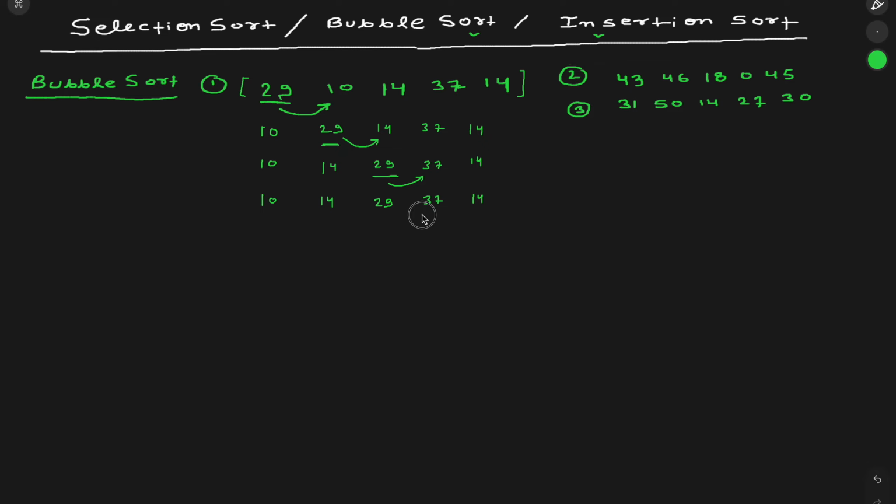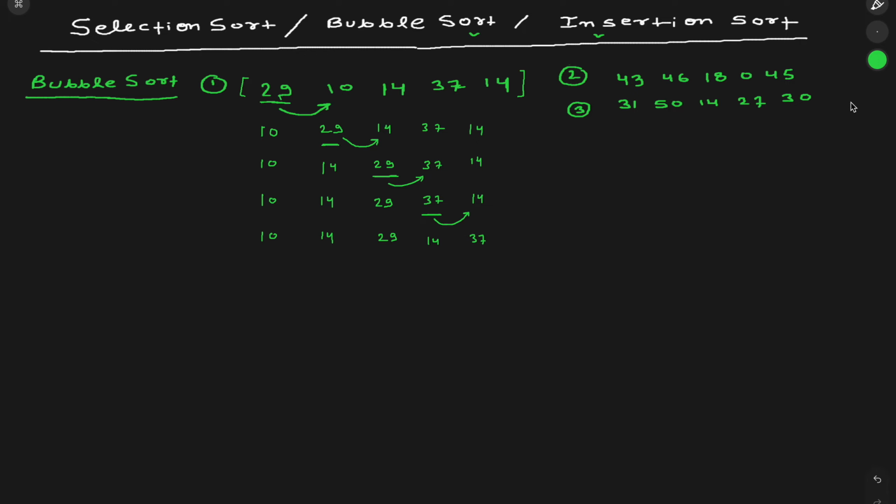From the next check, it will compare this element to this element. 37 is greater, and we want the largest element last, so we will swap: here it will swap 14 with 37.